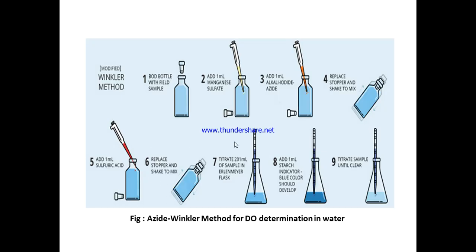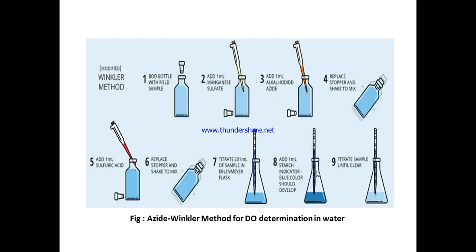Then we take 201 milliliter of sample in the flask, or we can take 100 to 150 milliliter of water from this BOD bottle into the flask, and we add starch as indicator. Blue color or bluish green color is developed. Then we titrate it against standard sodium thiosulfate solution of 0.025 normality.